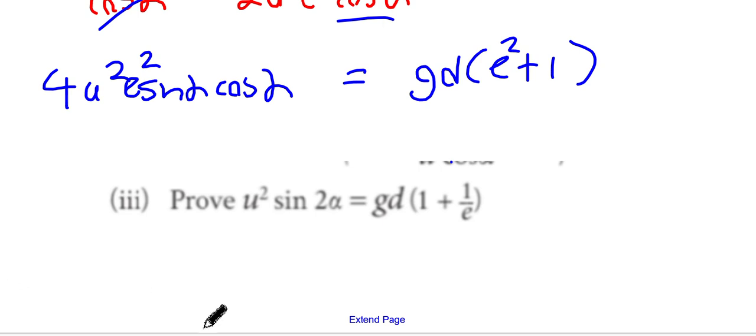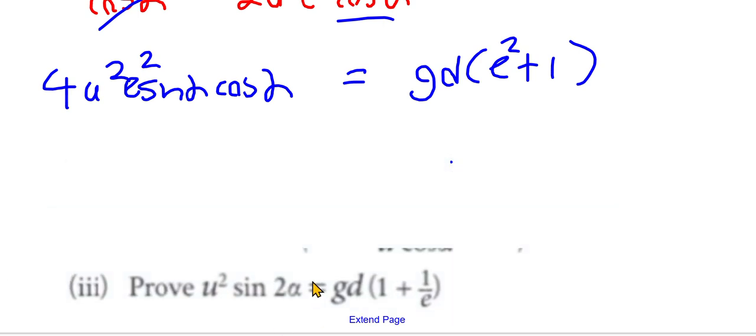Now, why doesn't my one look like this? What's going on here? Why doesn't my one look proper? So here's what I'm going to do next.